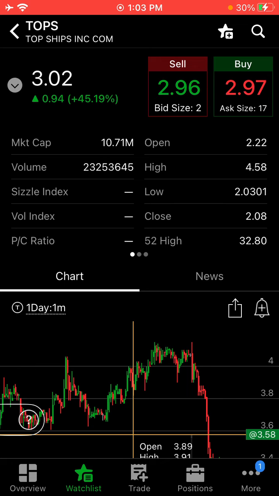But what we do know for sure, if you recall, is that a low float stock is a float under 10 million. So just based off the market cap and the price, we can figure out the shares outstanding, and we know that this stock, TOPS, is a low float stock.